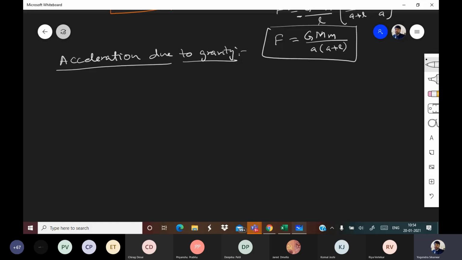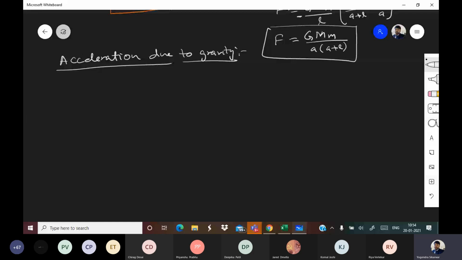See, when any object is allowed to fall freely, listen very carefully. If an object is allowed to fall freely close to Earth's surface, then it falls with uniform acceleration.